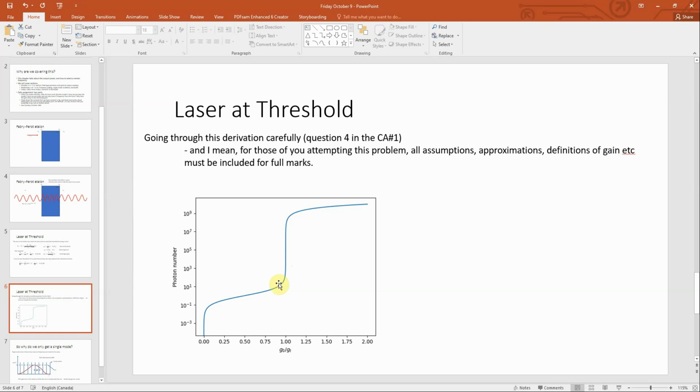But the upshot is that if we look at the photon number inside of a cavity as a function of gain, then right when we're at the threshold gain, you see that there's this massive increase in the photon number. So as we're increasing the small signal gain as a function of the threshold gain.